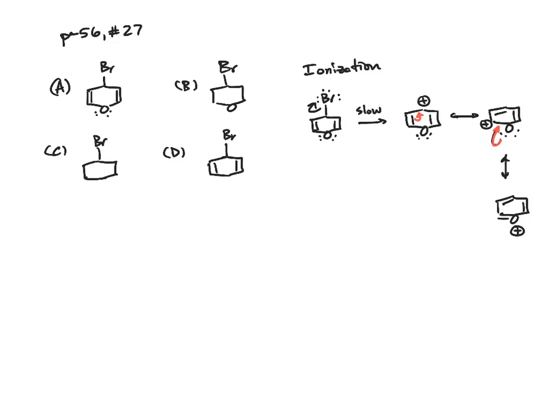So how would this look maybe on an energy curve? I'm going to just say they're all sort of hanging out at some close energy. When you ionize something, you're always going up in energy because the carbocation is unstable.